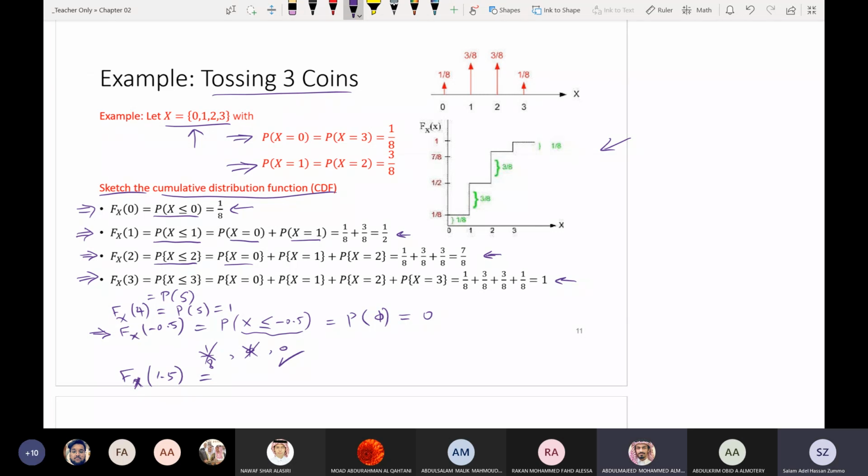You said half, 1 over 2. Why? You said it's between 2 and 1, probability. Did you say corresponding event or probability? What is the F_X of 1.5? This is the question.